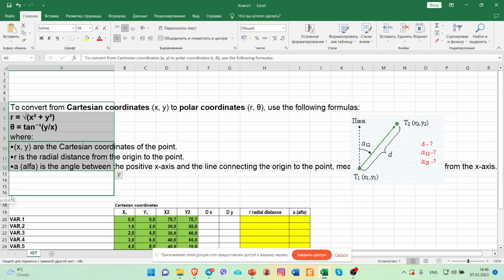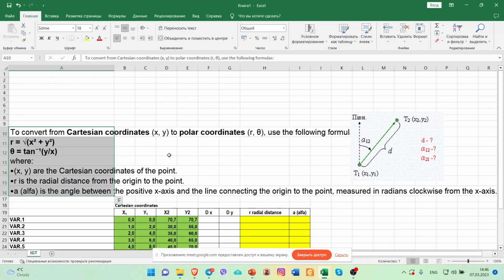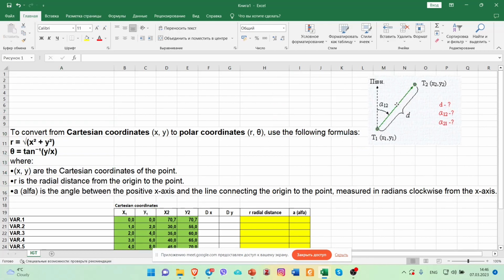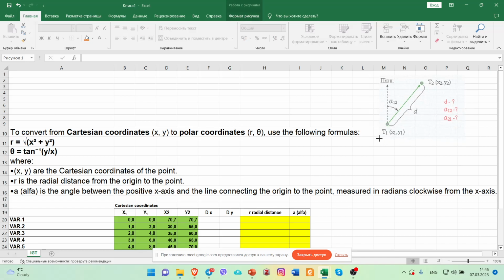Well, here is our picture. We have 2 points, point 1 and point 2. We have x and y coordinates of every point.